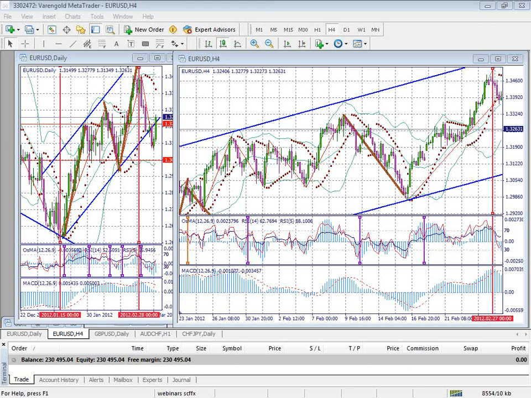Actually, Tudor made this expert advisor putting some percentage of influence on each indicator. We try to find the best values, but the stronger indicators are oscillator and RSI.